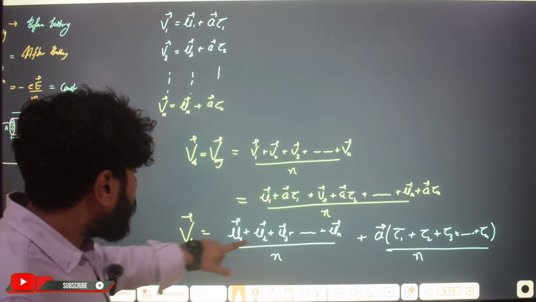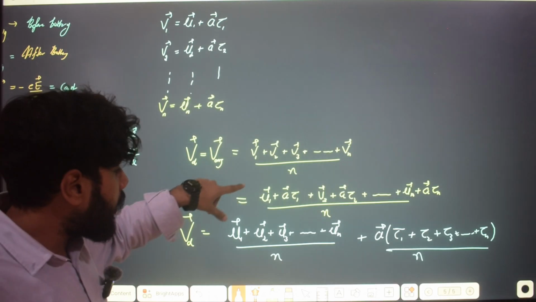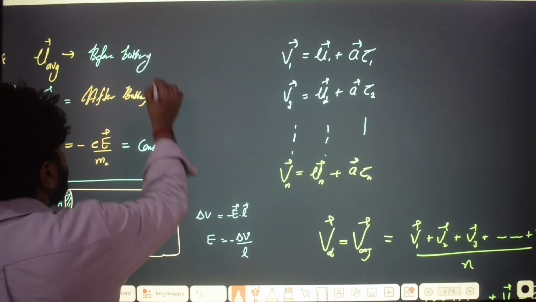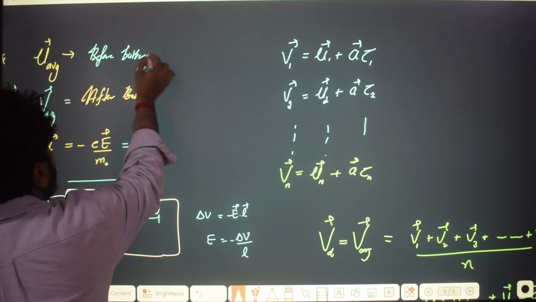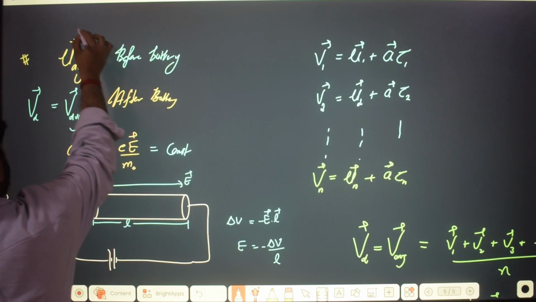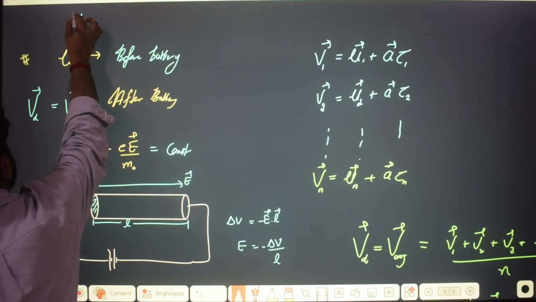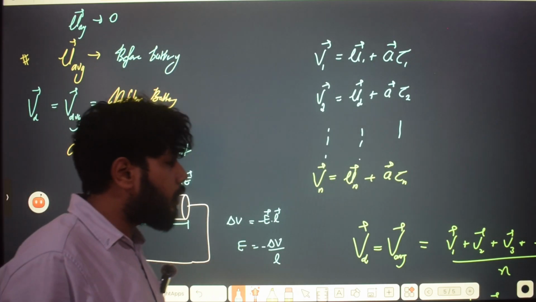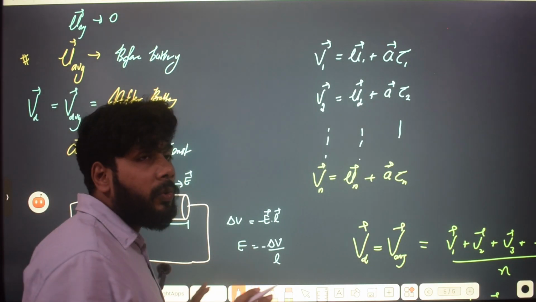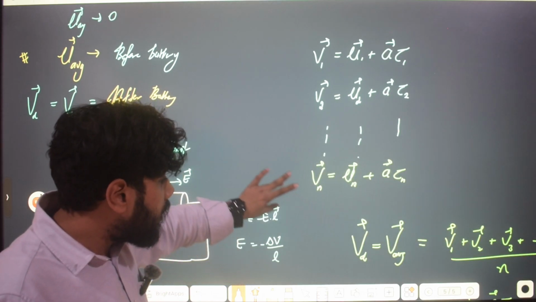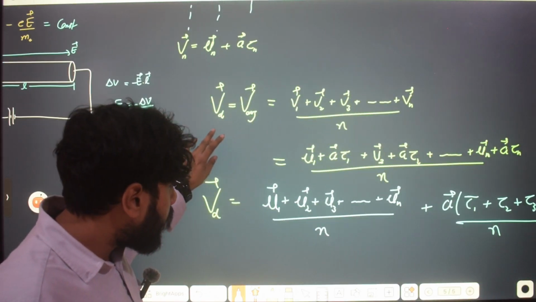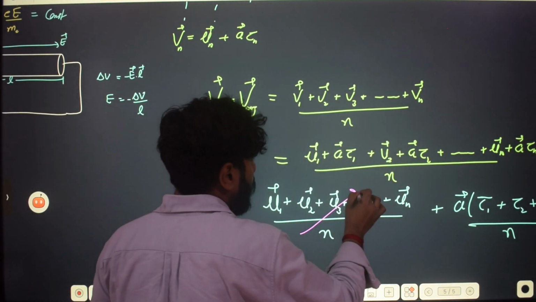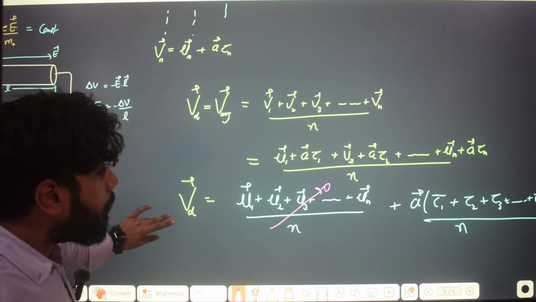If you remember, the first term is just the initial average velocity of the electron, meaning the average velocity before the battery, which approaches 0, because if there is no battery, there will be no extra push which will move the electron in a particular direction. So this whole thing will be 0, and we will be left with the rest.